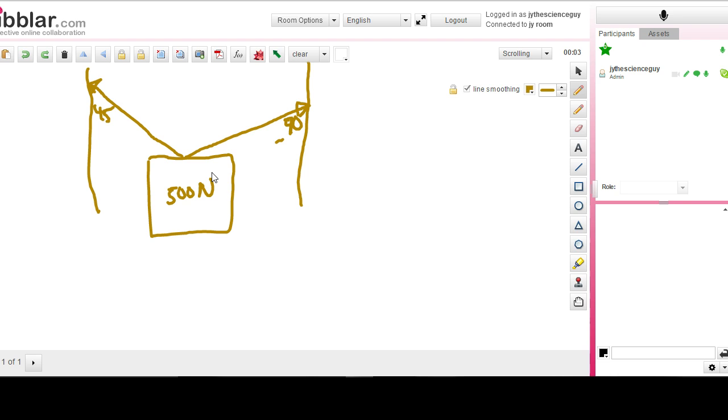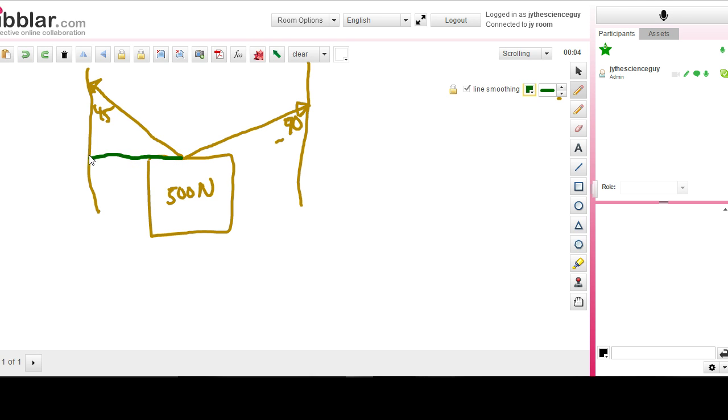The thing that you have to know is that any vector can be broken into components, which means I can take any vector, I'm going to change the color here, and I can break it up into its x and y parts.